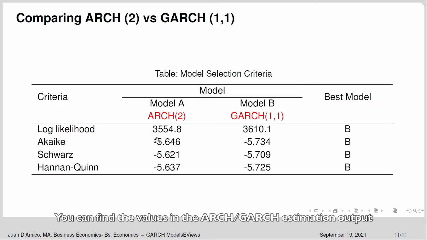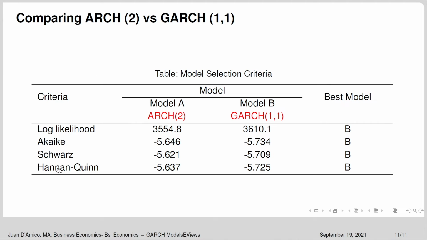So the log likelihood, since we are maximizing the log likelihood, the one that has the bigger value is going to be preferred. So if we compare these two values, model B is bigger, so we're going to select model B. Now when we move into the Akaike, Schwarz, and Hannan-Quinn, we have to select those values that are smaller. Since our values are negative, the smallest values are going to be the most negative, let's put it that way.